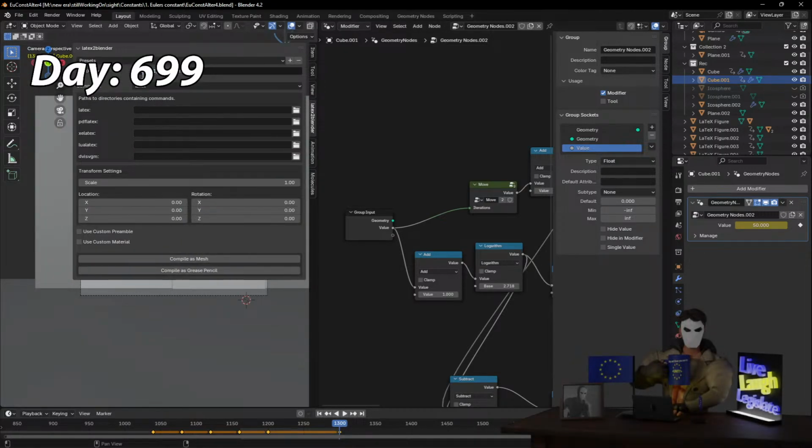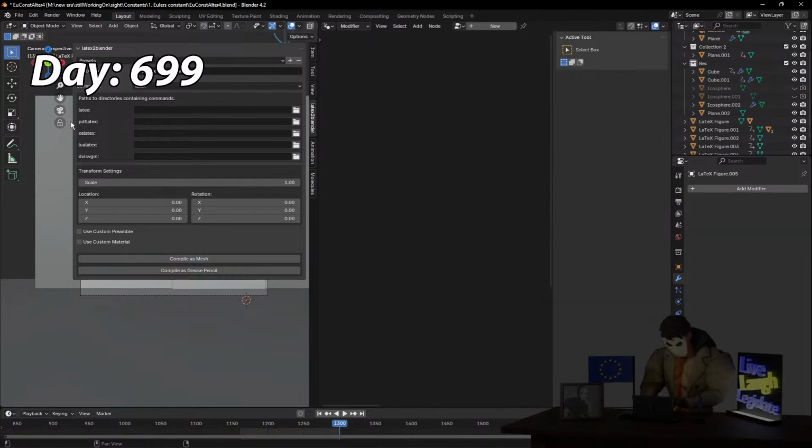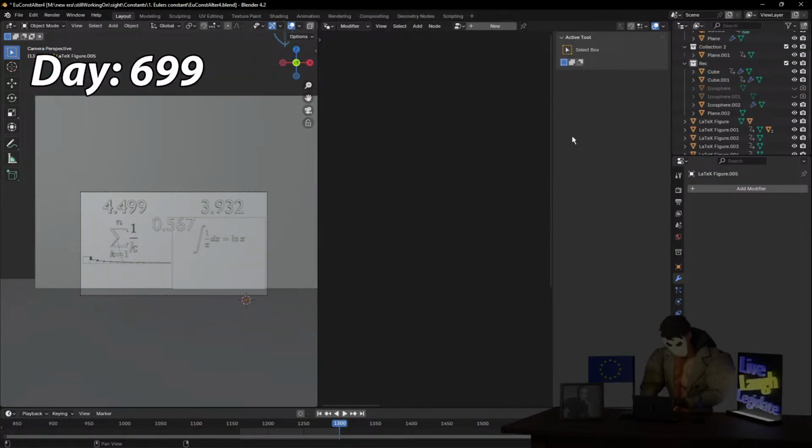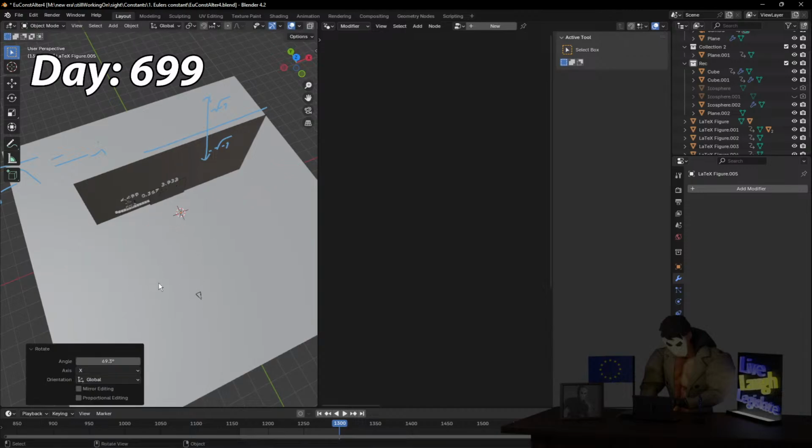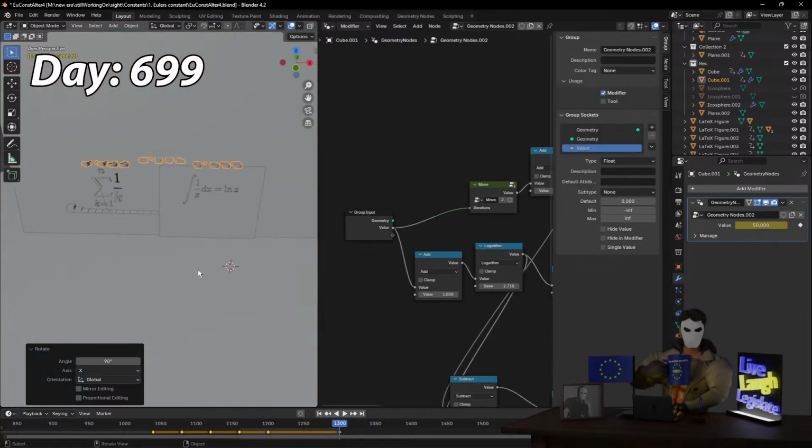Right here, what we need is a limit as n goes to infinity. Oh well, everyone will get that anyway.